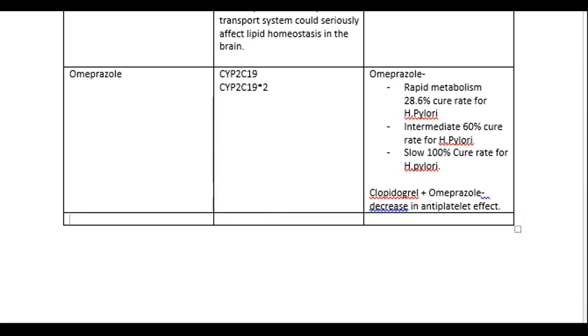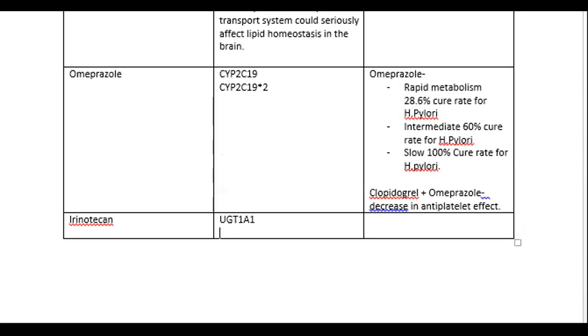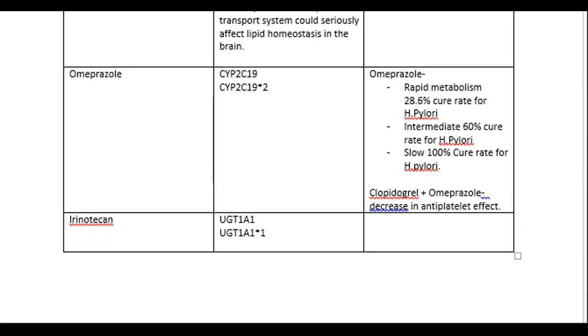And coming to the next one, irinotecan, the polymorphism is UGT1A1, UGT1A1 star 1, UGT1A1 star 17.